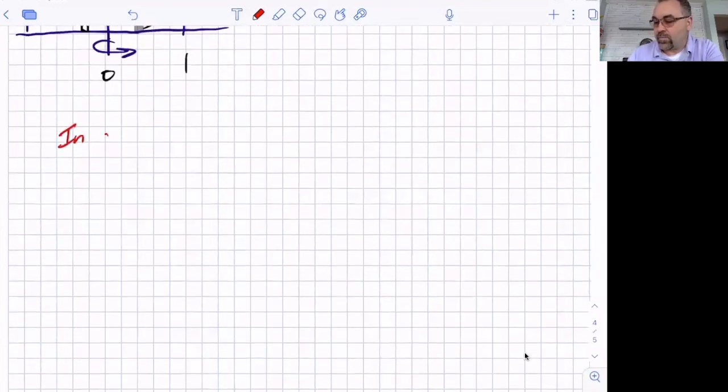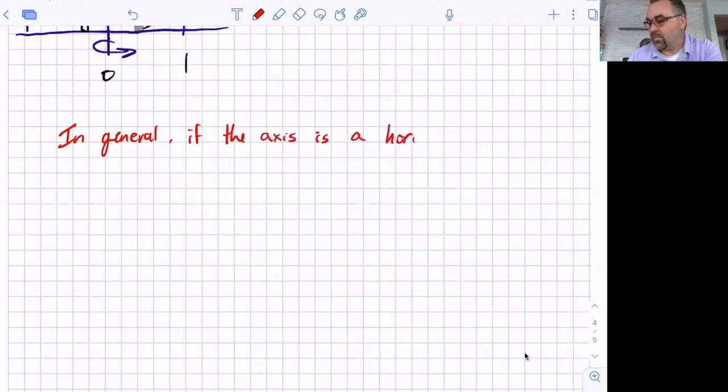So in general, if the axis of revolution is a horizontal line, use the disk/washer method.